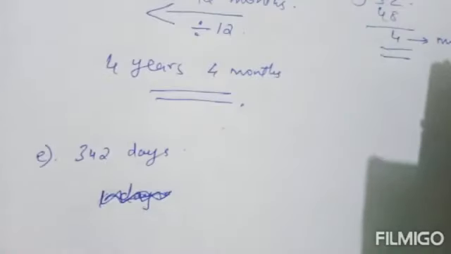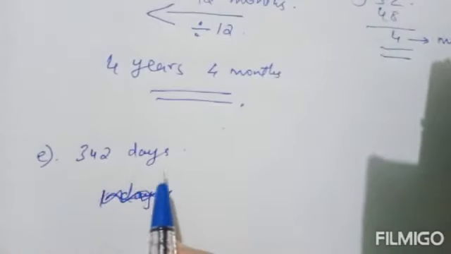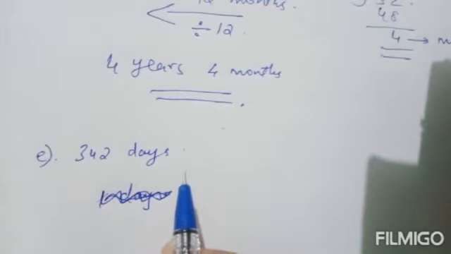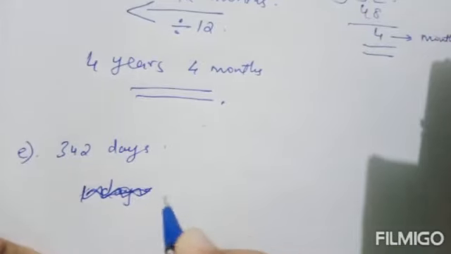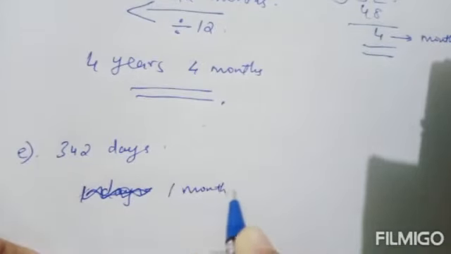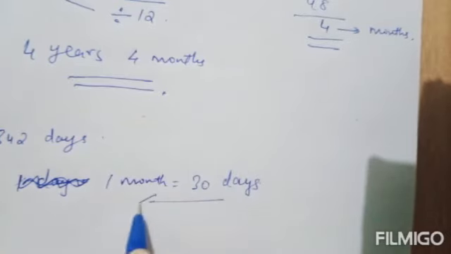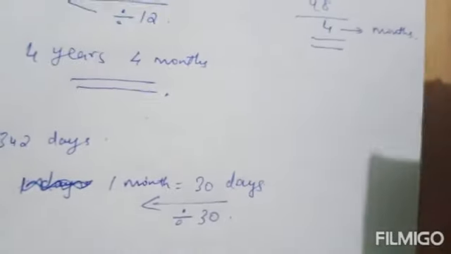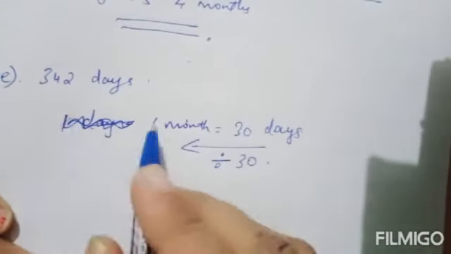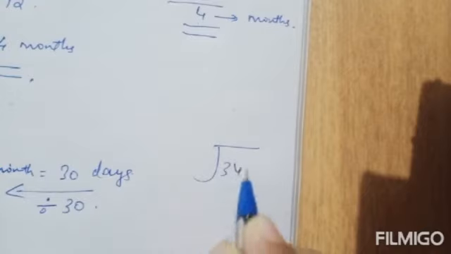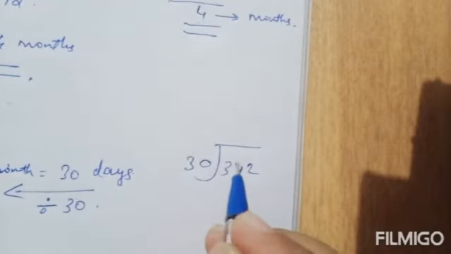Okay, next E, 342 days. So you know the relation between month and days. 1 month equal to 30 days. So in order to convert days to months, just divide by 30. Okay, so 342 days, you can divide 342 by 30.